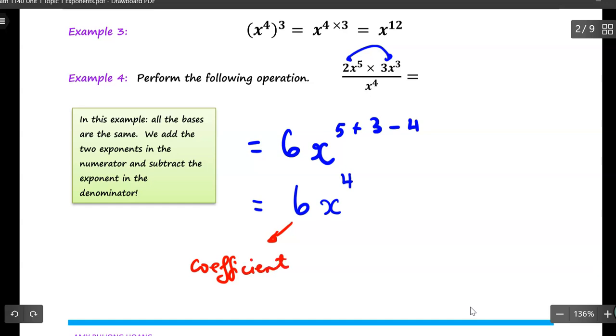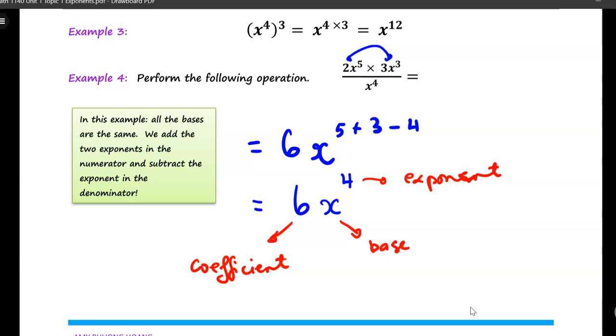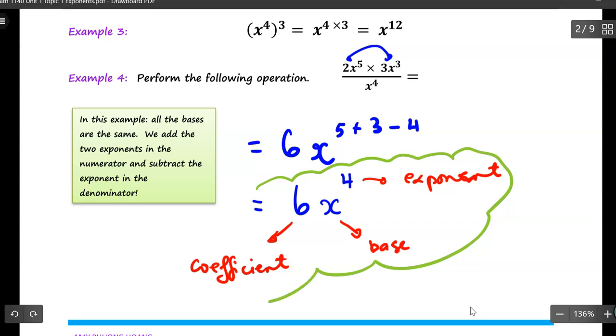Okay, or we can say a numerical coefficient. And this is the base, and this is the exponent, okay? So remember the terminology in this case. This whole thing here is called a term.